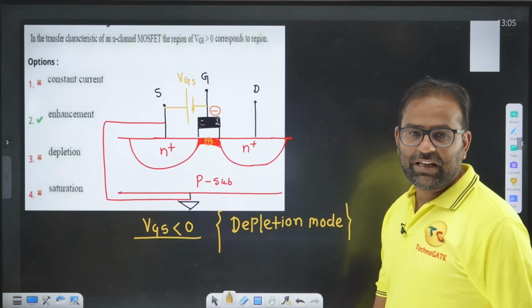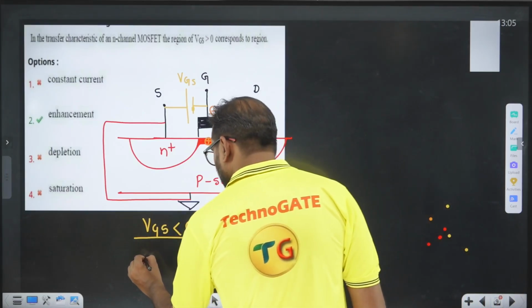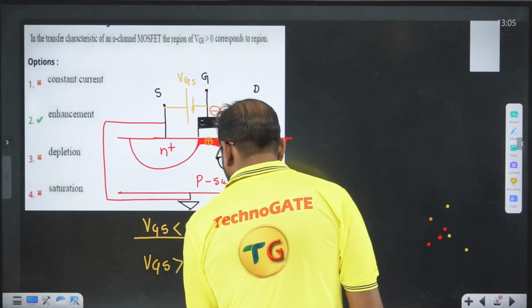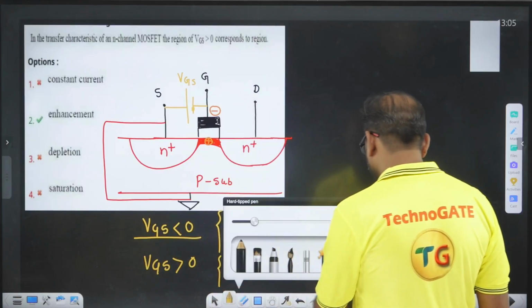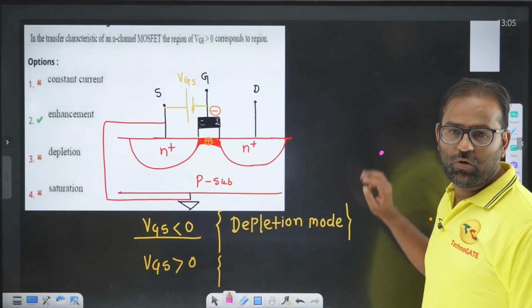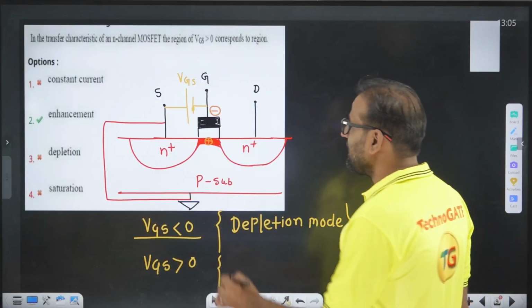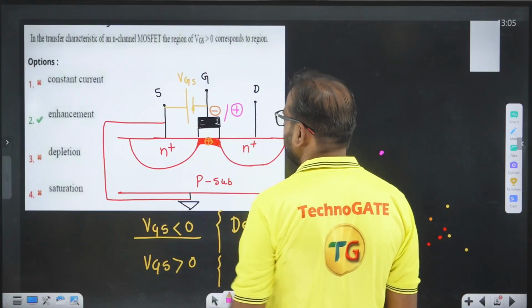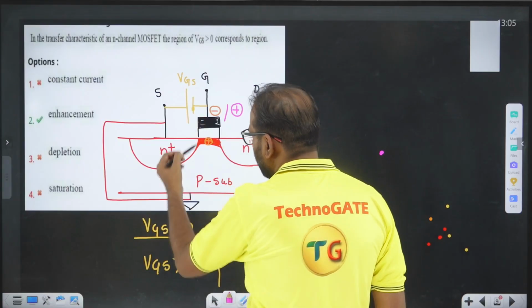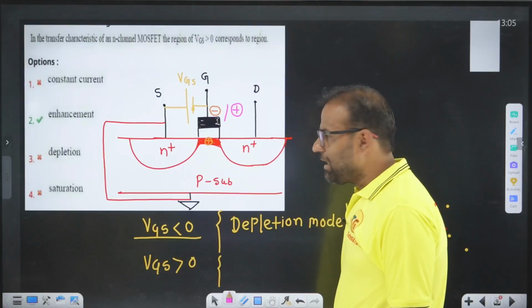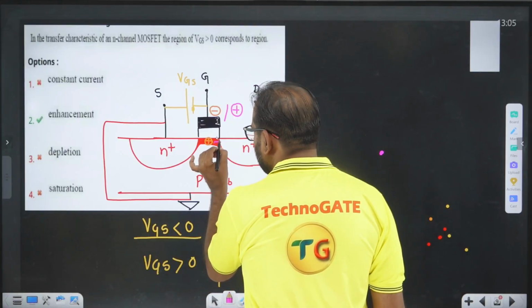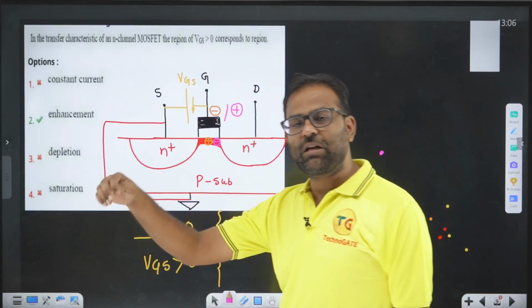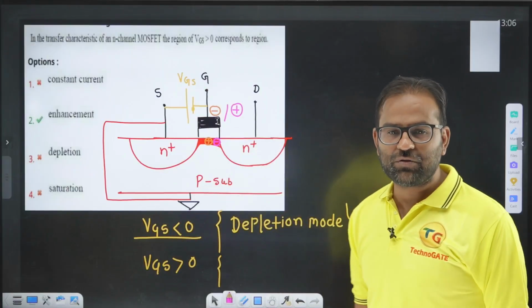And if I select VGS greater than 0, the alternate case, which type of charge carrier will I apply here? Positive. In the second case, you have VGS positive. So what type of charge carrier will you attract here? Negative. So the initial charge carrier is also negative, and you are attracting more negative charge carriers.